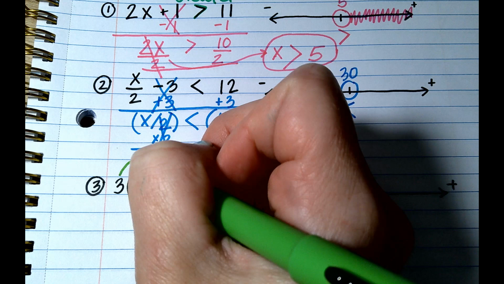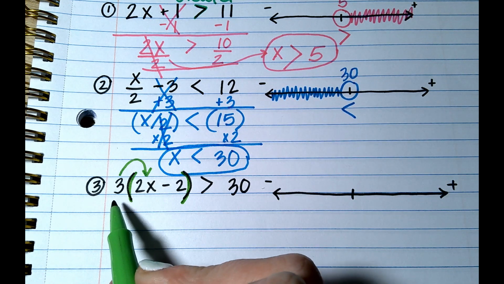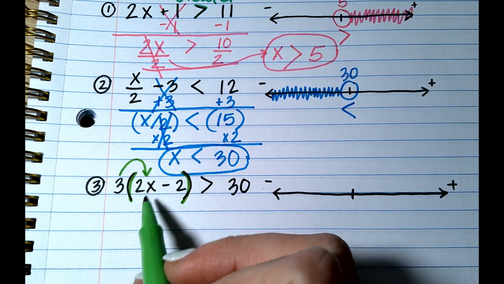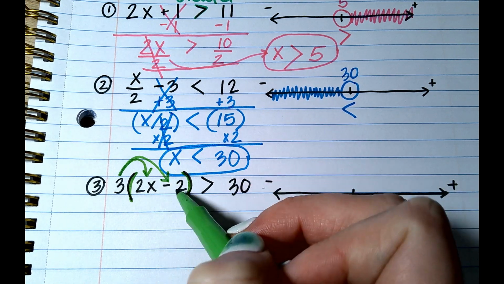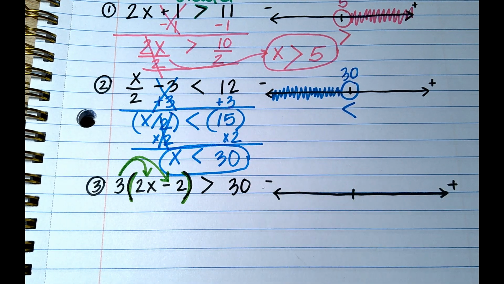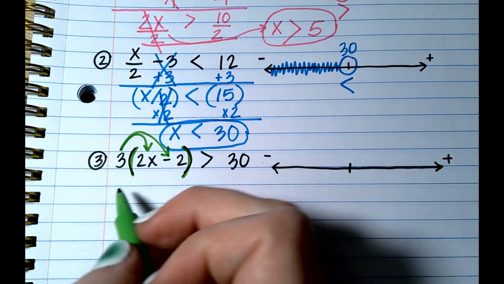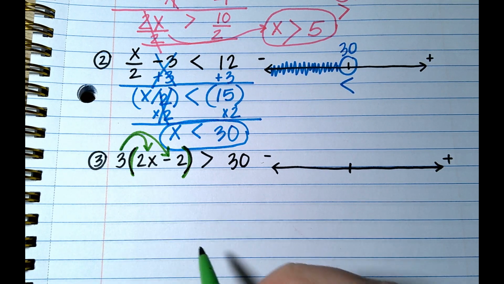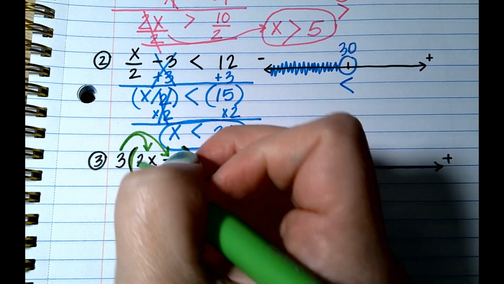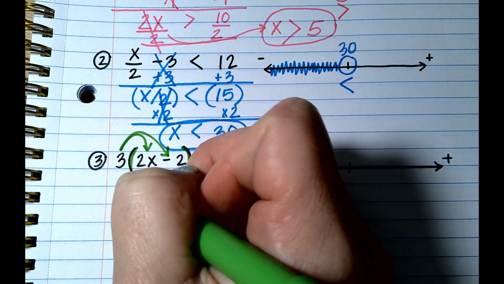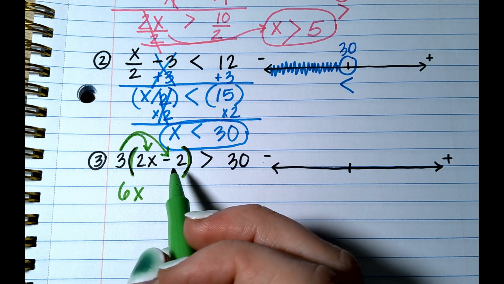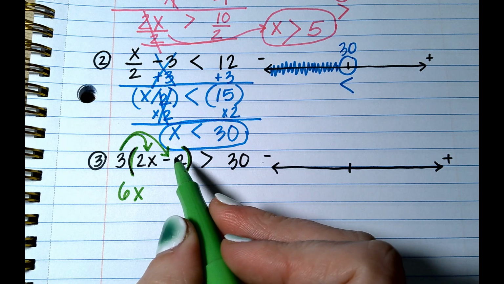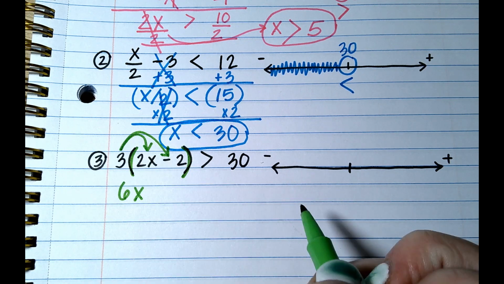So, if we were going to distribute, that's where we take 3 times 2x. 3 times that minus 2. And what would that do? 3 times 2x is 6x. And minus 2, what does that become when I multiply by 3?